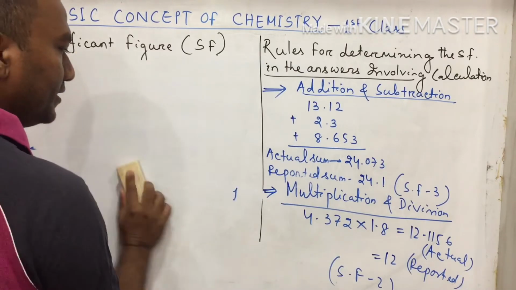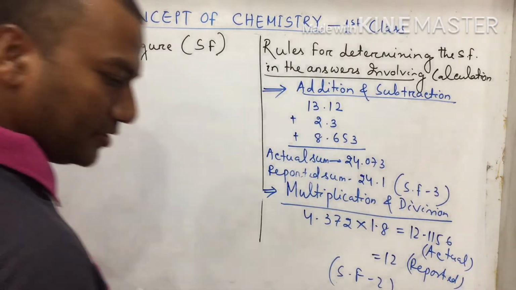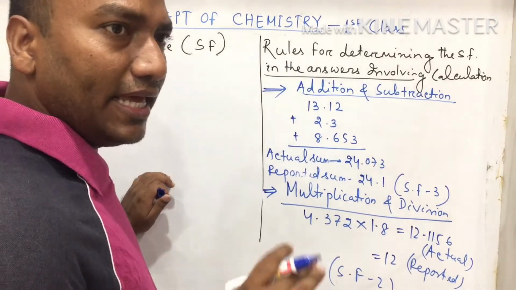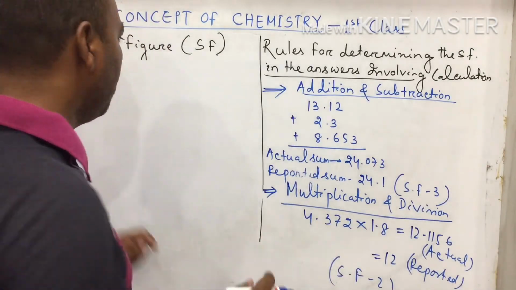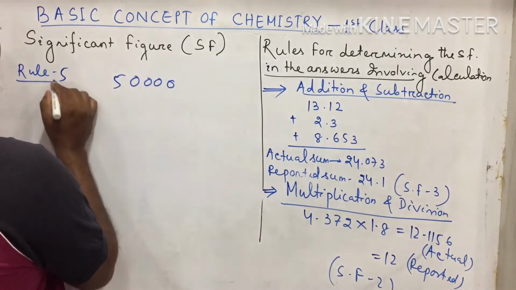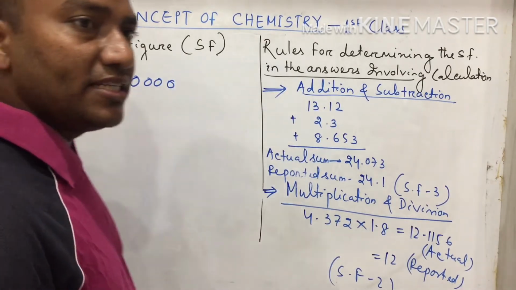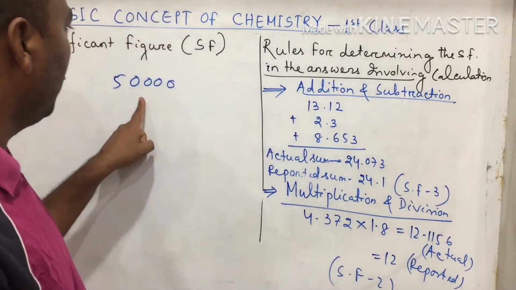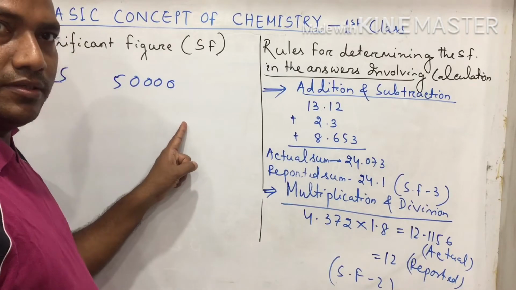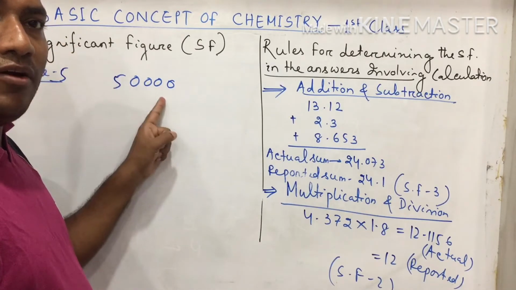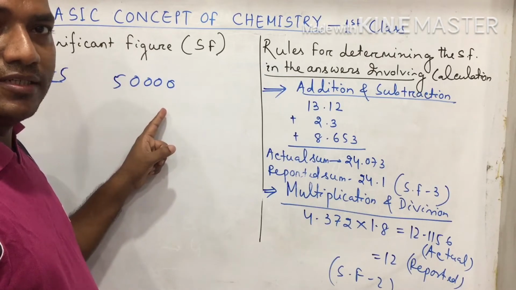Then the 5th rule. Sir, if a number ends in zeros, and no decimal point is there, what is its significant figure? So remember, if a number ends in zeros, these zeros may or may not be significant.